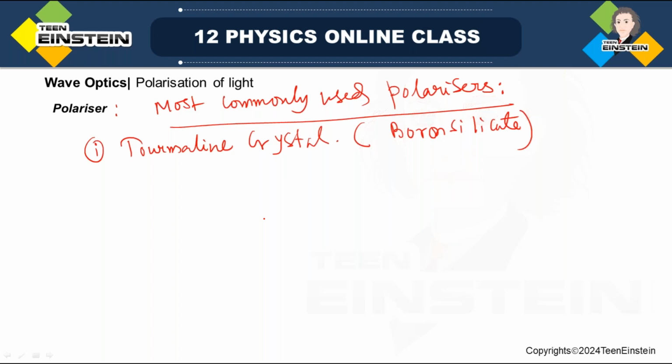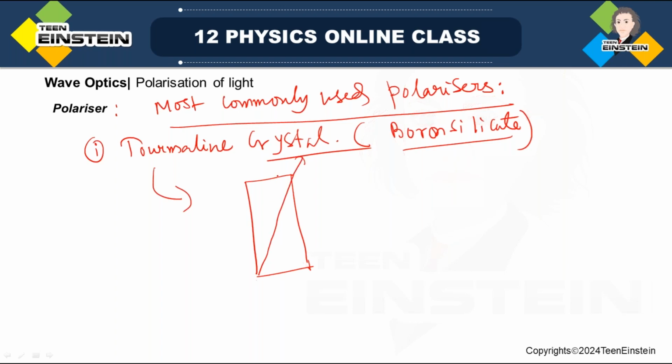Tourmaline crystal is made of boron silicate, and this crystal is cut in such a way that it has a definite optic axis, or it is also called the pass axis. Suppose this is my crystal, cut in such a way that it has the optic axis along this direction.